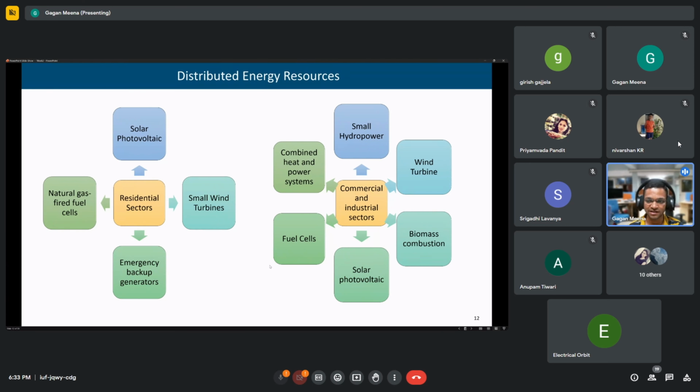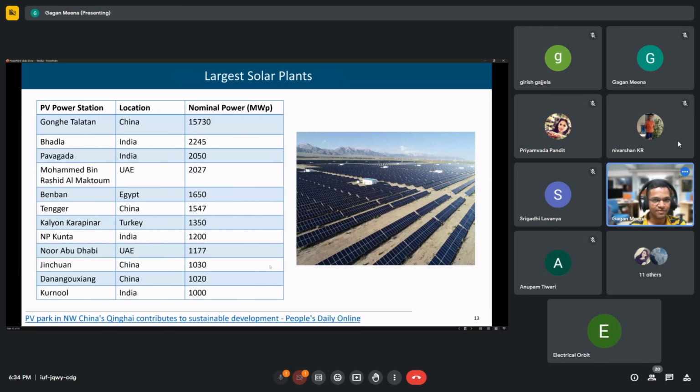For the commercial and industrial sector, combined heat and power systems are one of the most widely used. Small hydropower is also possible depending upon the availability of water resources, so it's limited to the geographical location. Then wind turbines, fuel cells, solar photovoltaic, and biomass combustion. Before moving on to solar, I just wanted to mention the largest solar plants in the world.